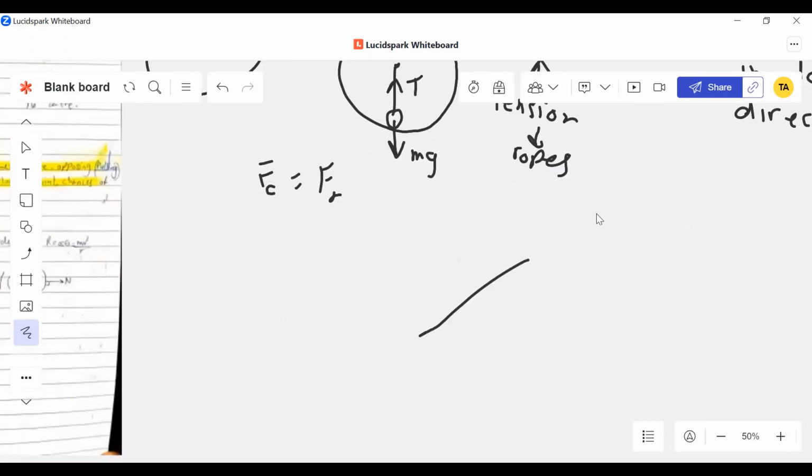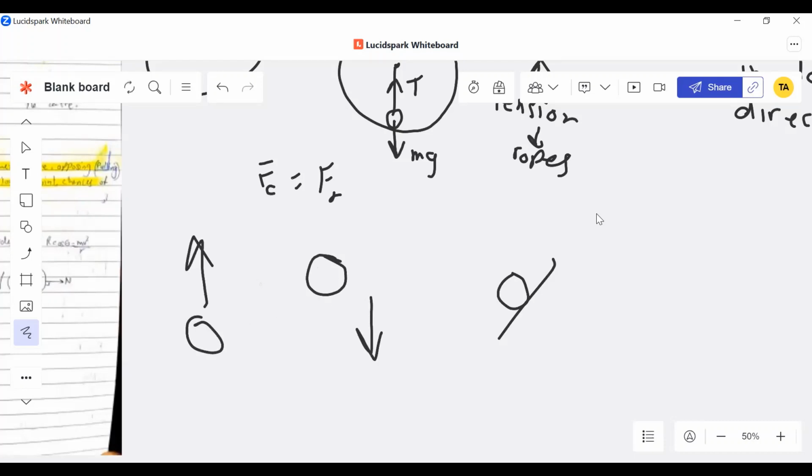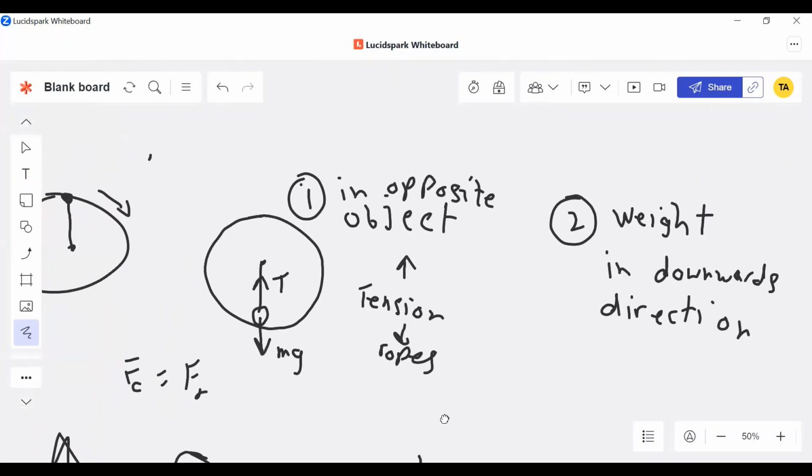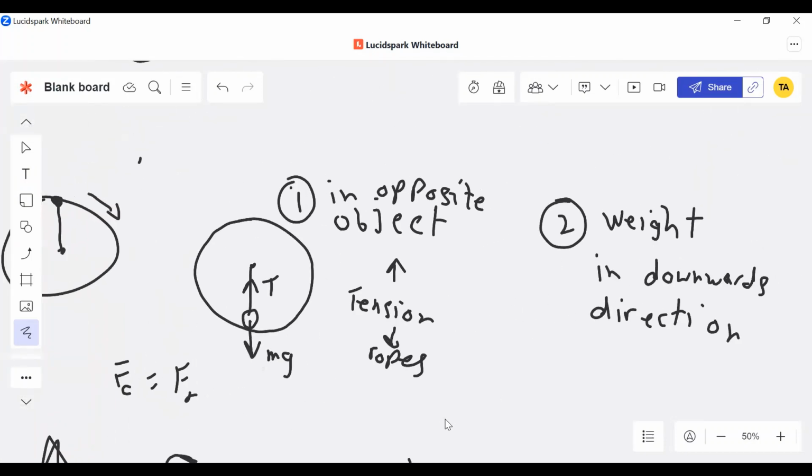Let's say the object is going on a slope. The weight of the object would point this way, because this is the ground, and the weight will always point in the downward direction. Whether the ball is going downwards or upwards, in all cases, weight will point downward. So in this case as well, weight is acting downwards.